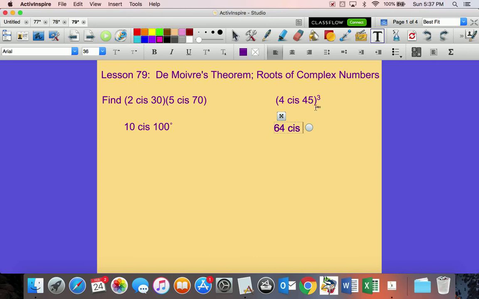Here we're going to take 45 plus 45 plus 45, which gives us 135 degrees. So for the first number, we take the number to the power. For the degrees, we take the number of degrees we started with and multiply 45 times 3 to get that 135 degrees.